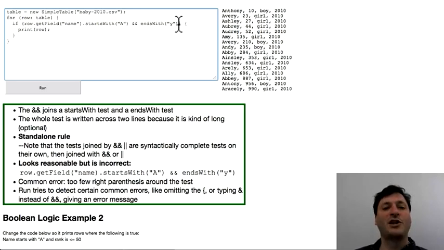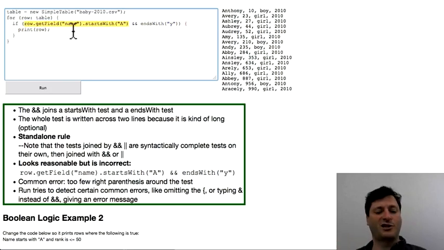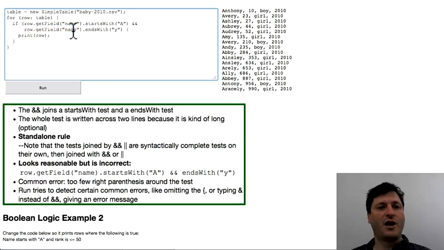The problem is the second term on its own doesn't make sense. It doesn't stand on its own. Ends with, well, it doesn't make sense. Usually what we need, where I'm putting the cursor here, is row.getFieldName or rank or whatever it's going to be, dot ends with. So this does not work. To the left and the right of the ampersand, each test has to be complete. In this case, I'll just hit undo in Firefox here.